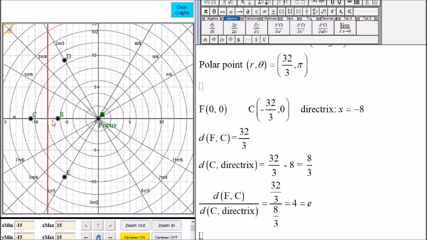The distance from here to here is 8. The distance from here to here is 32/3, and therefore the distance from C to the directrix will be 32/3 minus 8, which is 8/3. And therefore the ratio of the distance from C to the focus and C to the directrix will be 32/3 divided by 8/3, which is 4, which is the eccentricity, and that's what we want.